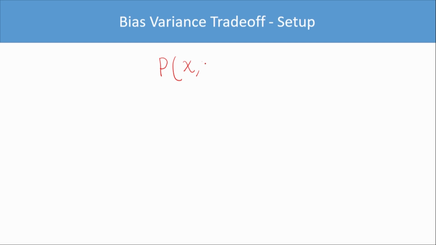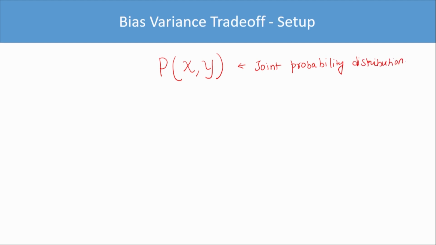And the way we'll do that is by assuming there is a joint probability distribution on the space of X cross Y.